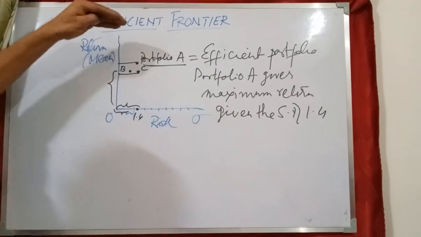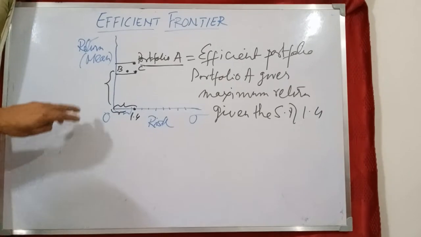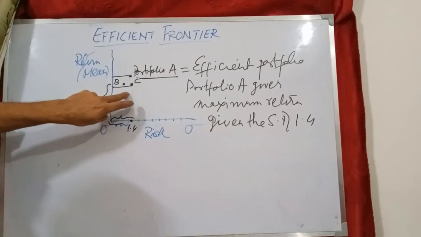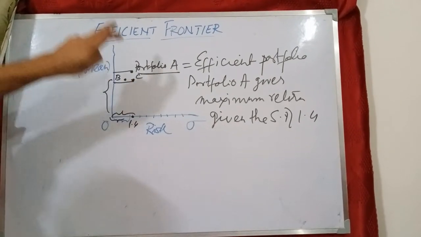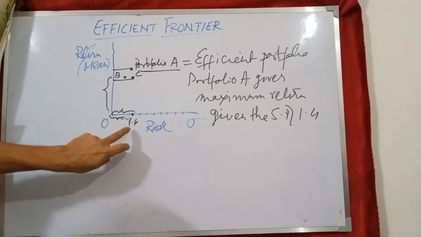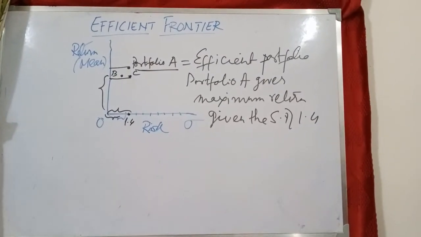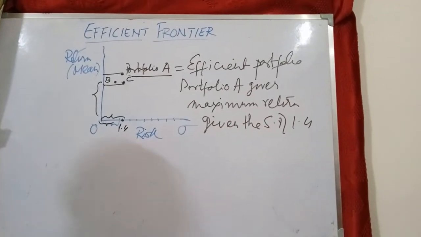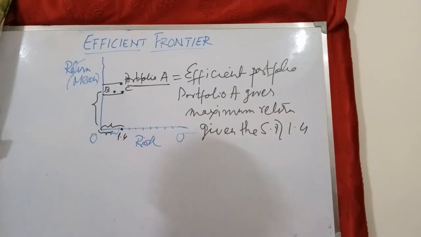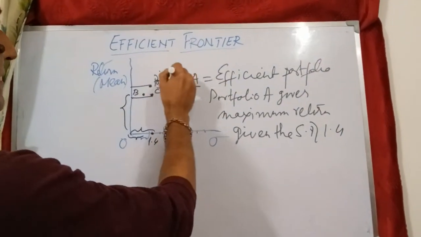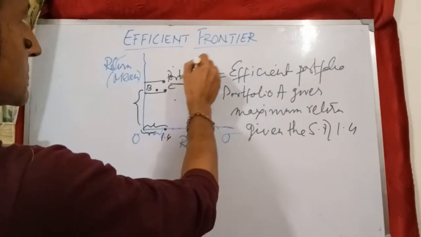So portfolio A is more efficient than portfolio B and C. So this is efficient portfolio for this specific risk. So we can get many such portfolios.